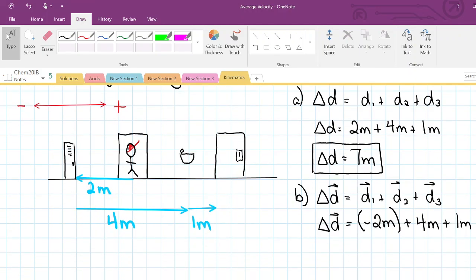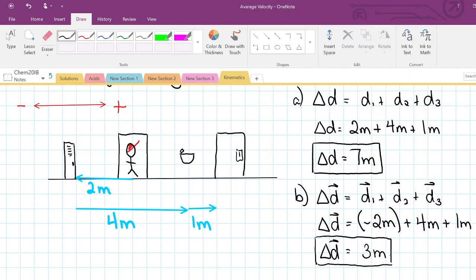That means my total displacement is going to be 3 meters. So negative 2 plus 4 gives us plus 2. Plus 1 gives us 3 meters.